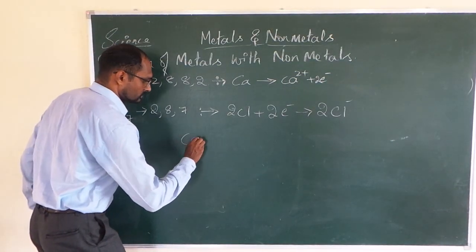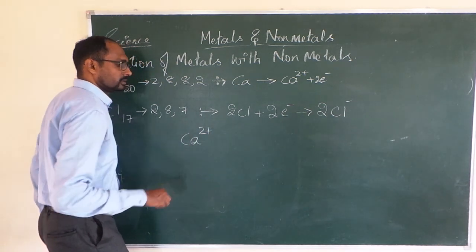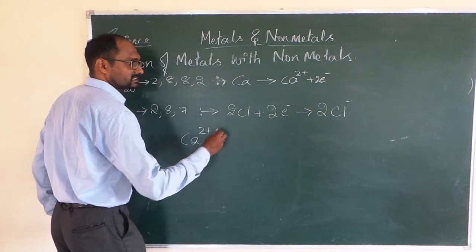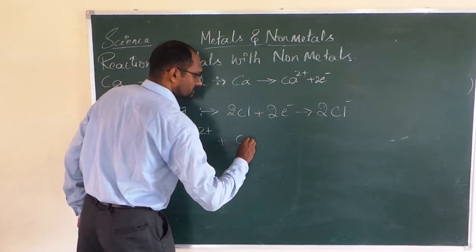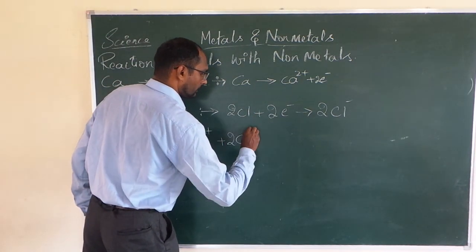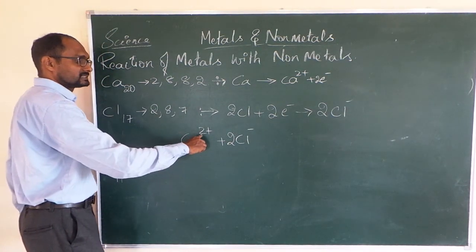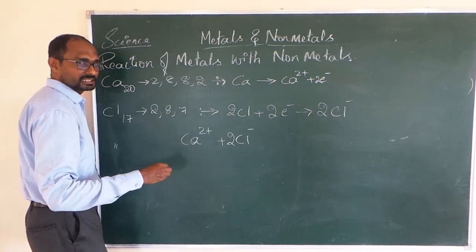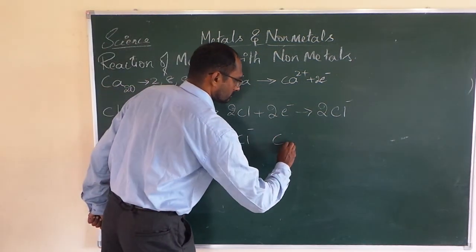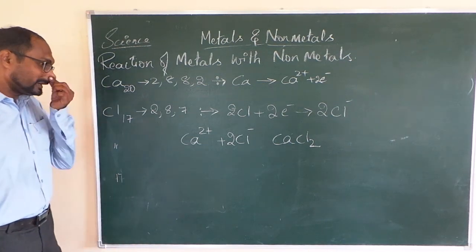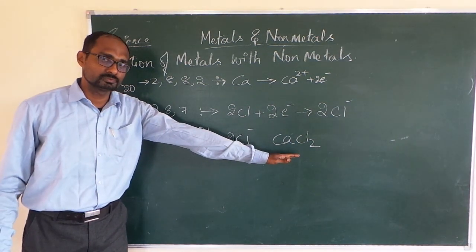Now, we have the Ca2+ ion that is in contact with 2 Cl- ions. What happens when these react with each other? We get calcium chloride. How did we get CaCl2?